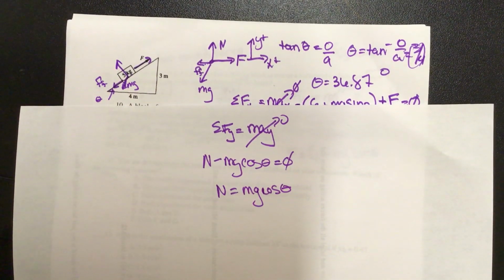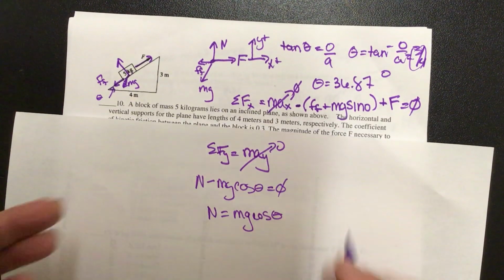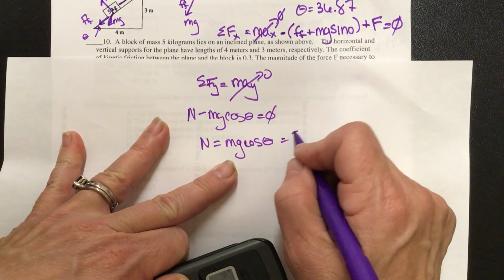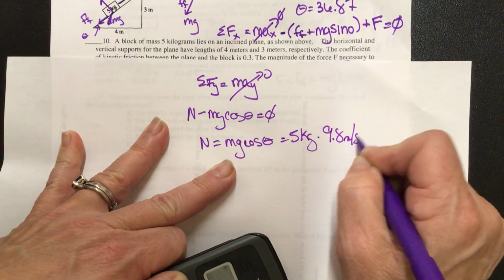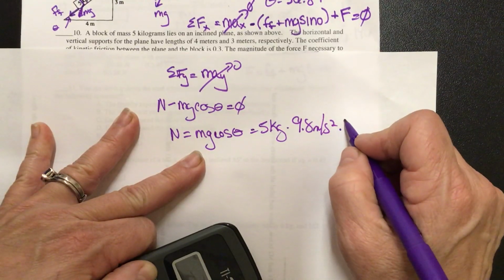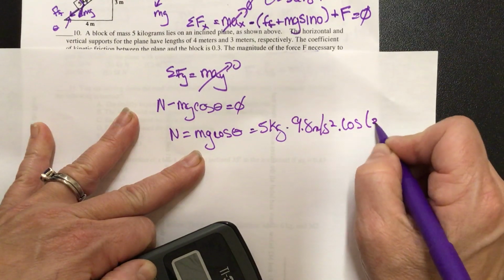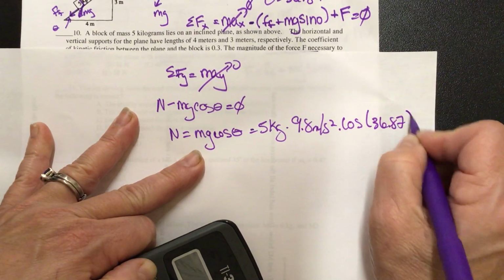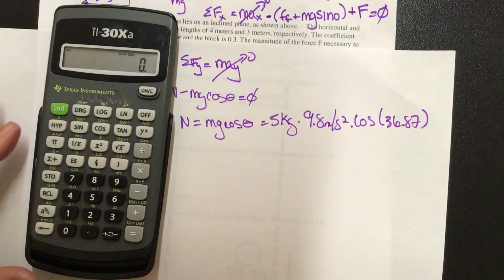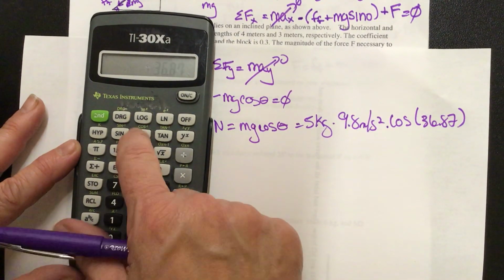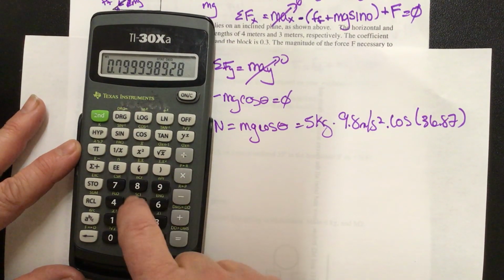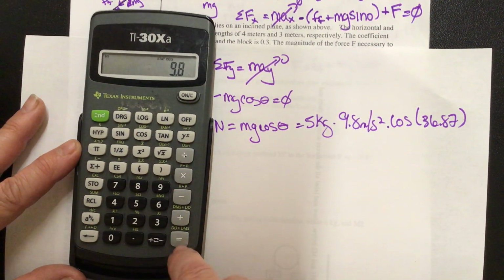And so what is that? Well, the weight of my block is 5 kilograms times 9.8 meters per second squared times the cosine of 36.87. All right, and then my lousy calculator, 36.87 cosine times 5 times 9.8.